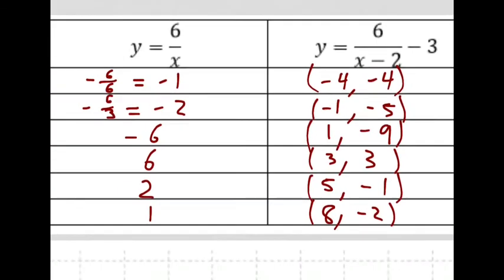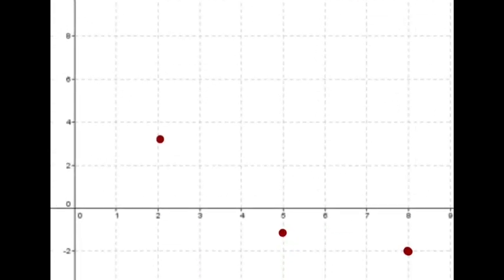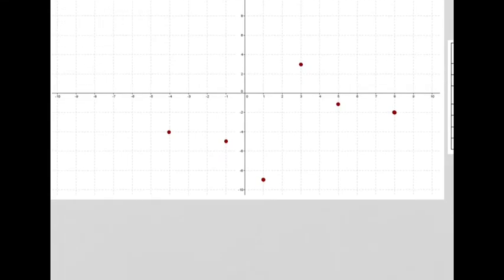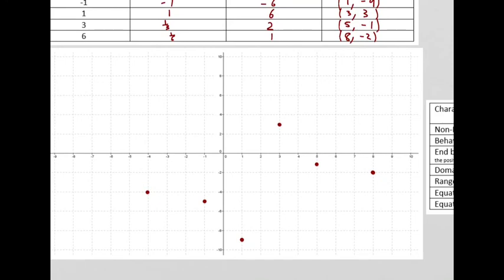There we go. Did I get the y value right? 6, yeah, okay, that makes more sense. So this should be 3, 3. Oops. Man, I'm not having a good day here. There we go. Am I better now? Okay, that looks better. So the graph kind of looks like this.